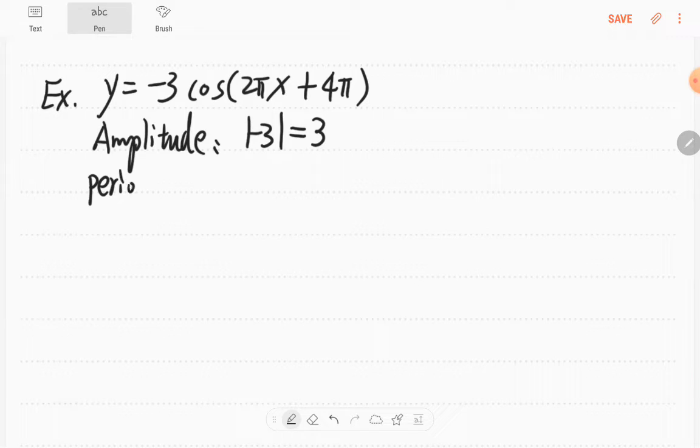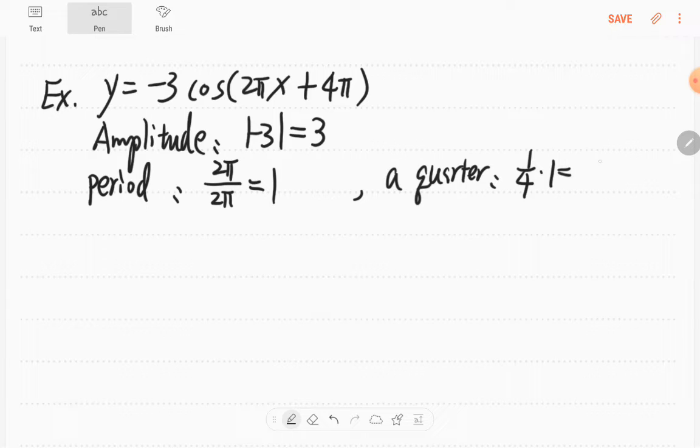The period is 2 pi over b. b is 2 pi here, so it's 1. So a quarter of a period is 1/4 times 1, which is 1/4, right?